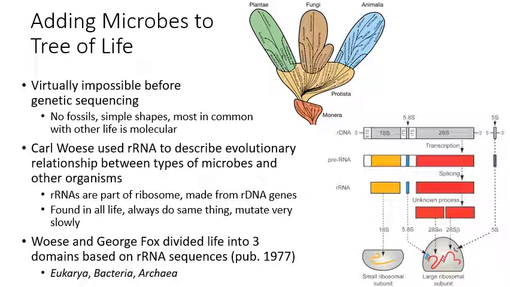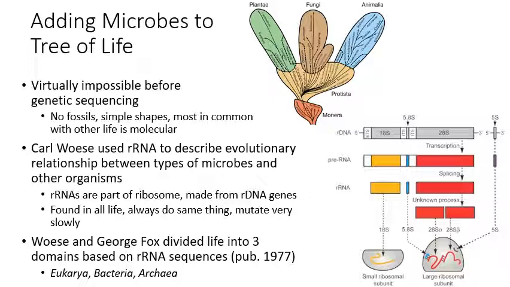One guy whose work has been really important, or foundational actually, for building a modern tree of life is Carl Woese. He looked at the sequence of rRNA genes and used them to describe evolutionary patterns and relationships between all life forms, basically. So rRNA is ribosomal RNA. It's part of the ribosome that builds proteins.